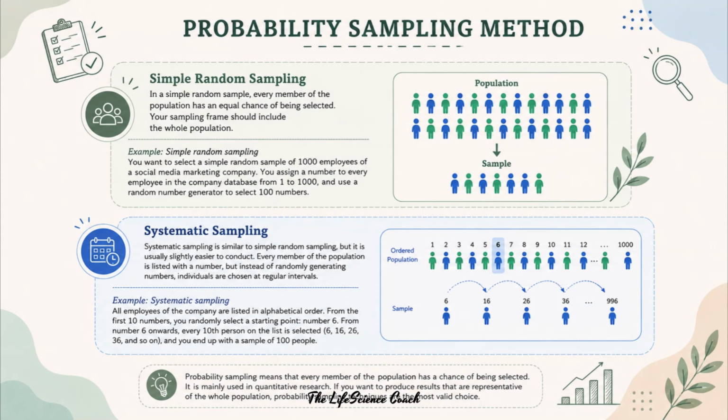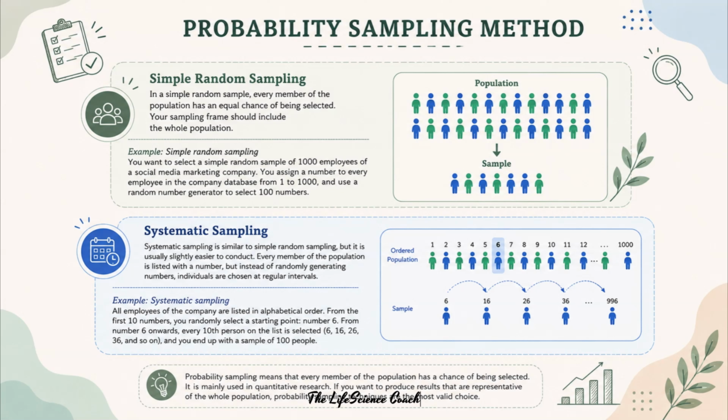Systematic sampling. In this method, researchers select participants at regular intervals. How it works. After choosing a starting point, every nth person is selected. Example: choosing every 10th student from a class list. Stratified sampling. In stratified sampling, the population is divided into groups called strata based on characteristics like age, gender, or department.